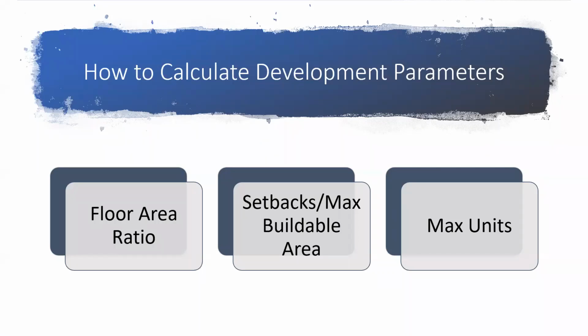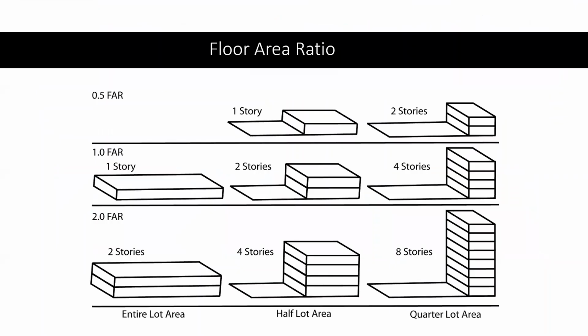But the first thing that we identify on the development standards is the floor area ratio. Floor area ratio is exactly how it sounds: the ratio of the floor area on the site to the lot area. This diagram is helpful to exhibit what that means.